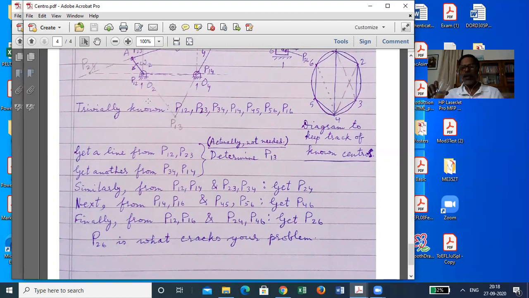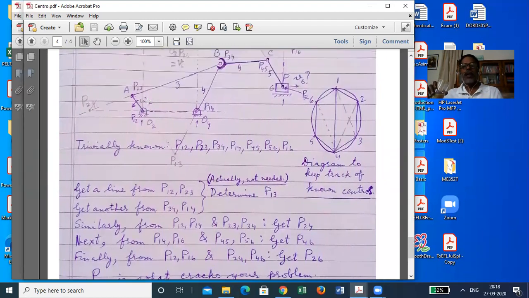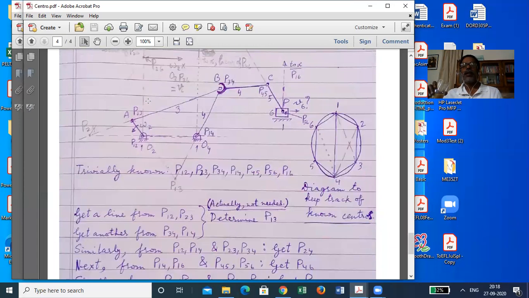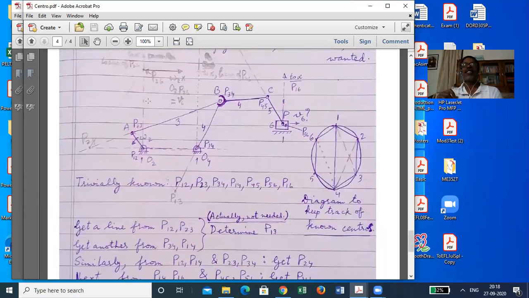There is another point, that this method is limited to velocity analysis only. You cannot extend this as it is, without going completely in a different direction, to acceleration analysis. So you can use this with real utility only for velocity analysis.